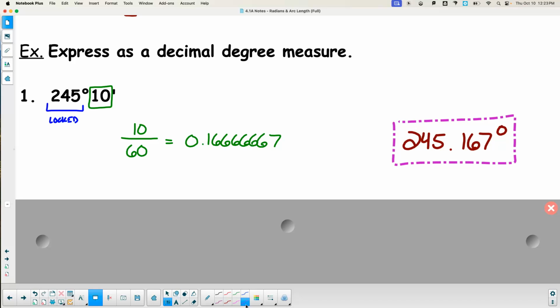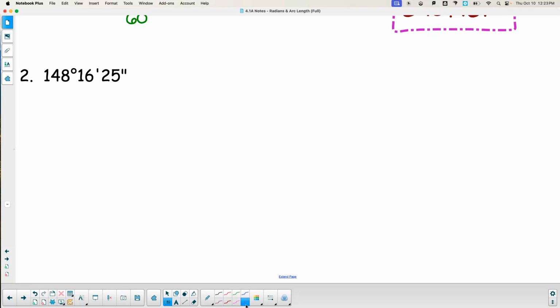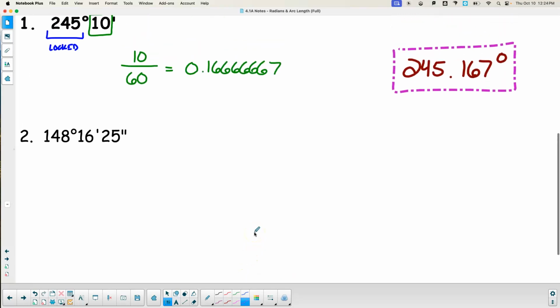Okay? Let's try another one. So the 148 is locked in.